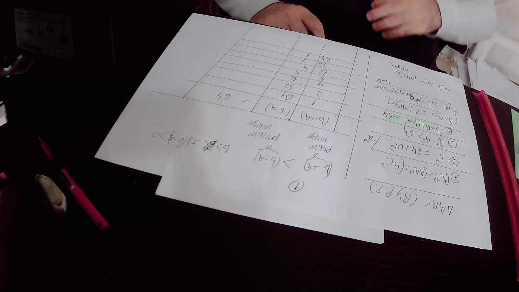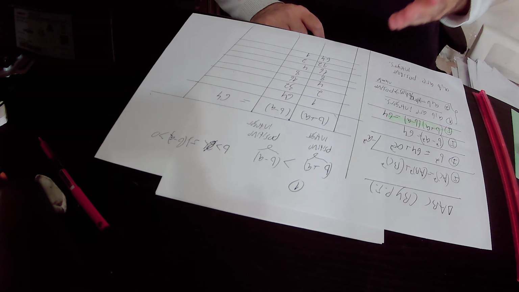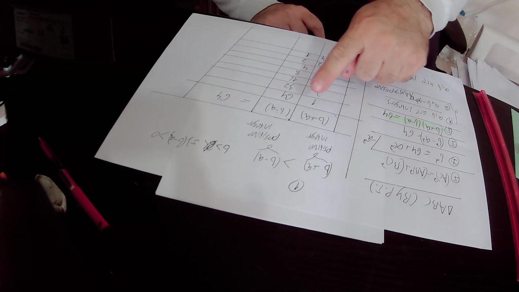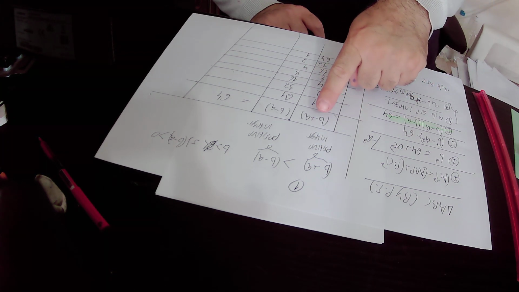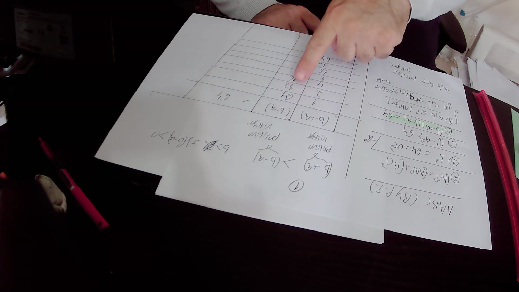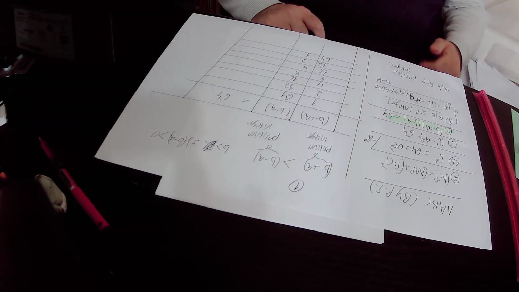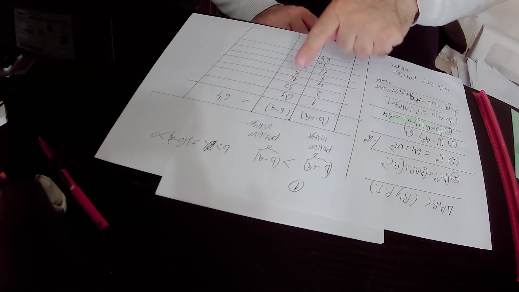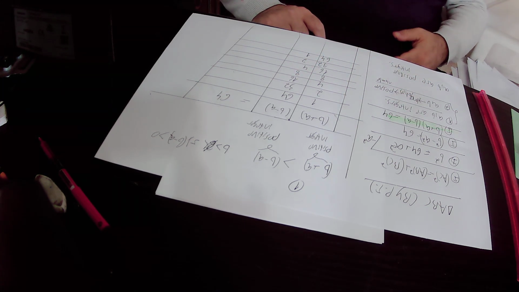But because we actually proved that b plus a is greater than b minus a, it means that the first column, that is b plus a, must be greater than the second column, that is b minus a. So all the options that do not give us that the first column is greater than the second column, we will cancel them.